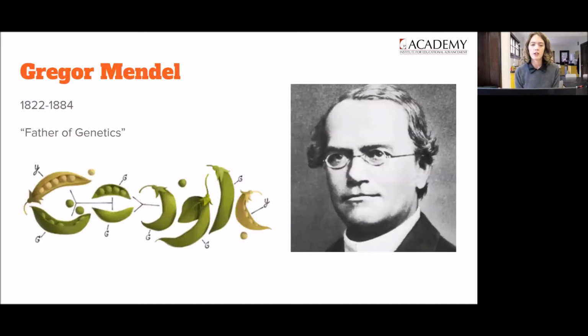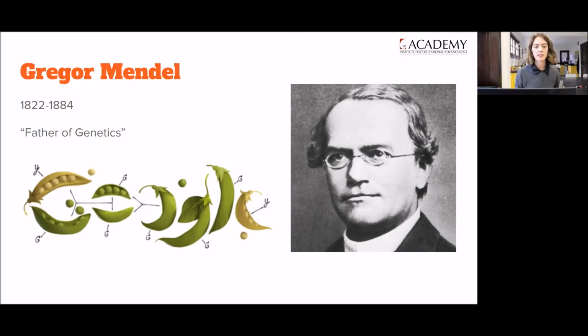All right, so we have Gregor Mendel to thank for a lot of these discoveries that we're going to be talking about today, a lot of this science. He is known as the father of genetics because he was one of the first people to really ask questions and do all the time-consuming experiments to figure out how traits are passed down through generations and what makes us, what makes animals, what makes plants, how they are.